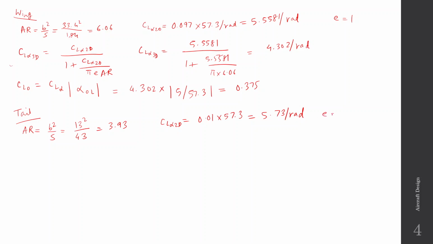Here also we assume E as 1. So this comes out as 3.91 per radian.